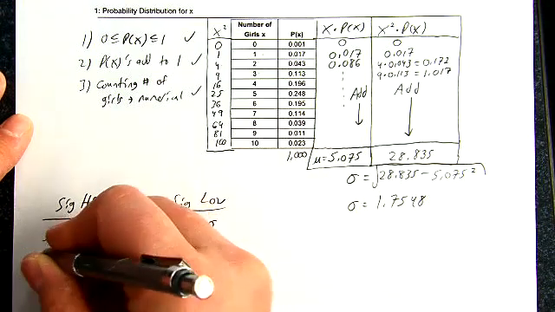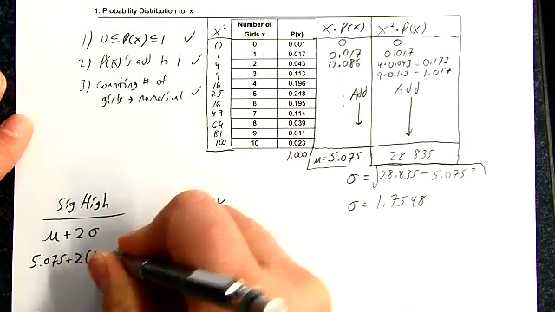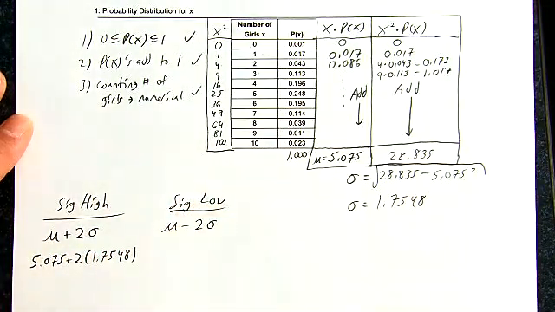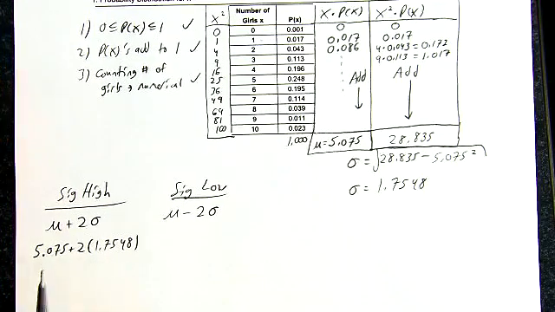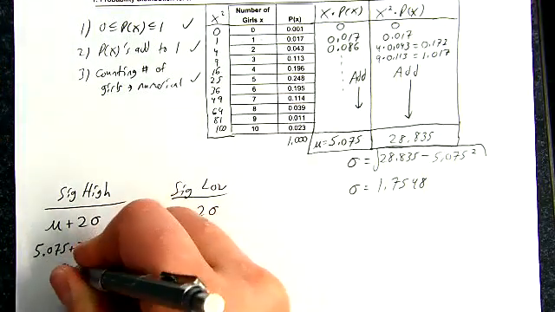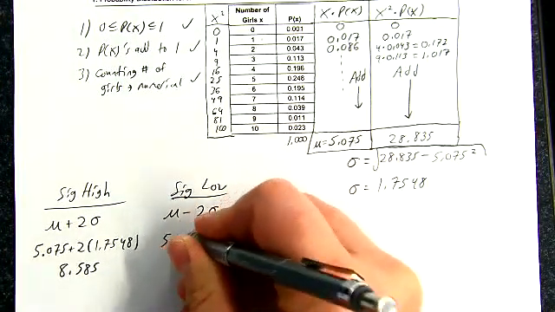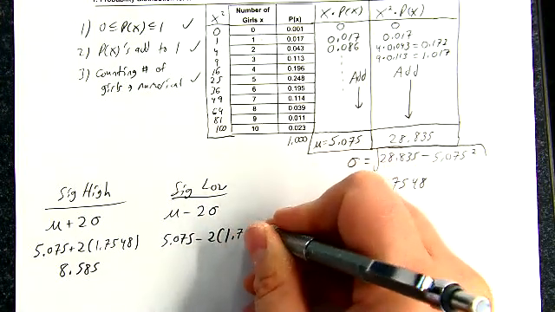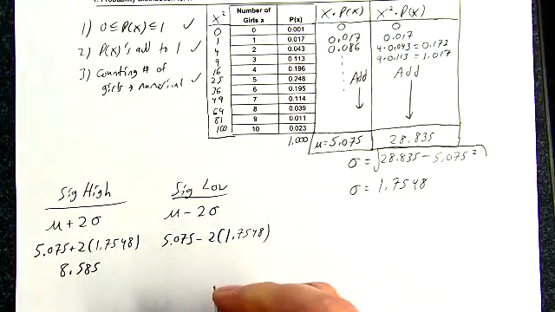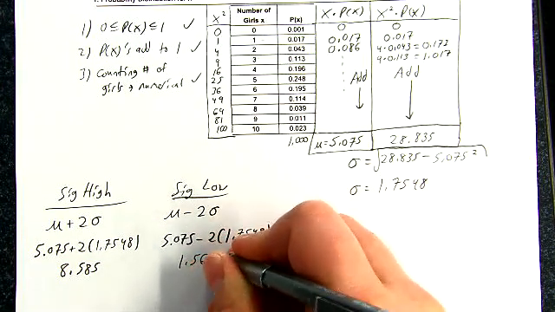So if you do this, and I would keep all these digits so that you don't round too early and get the wrong answer. Double this, add it to this, you will get 8.585. Double that number and subtract it from mu, and you will get 1.565.